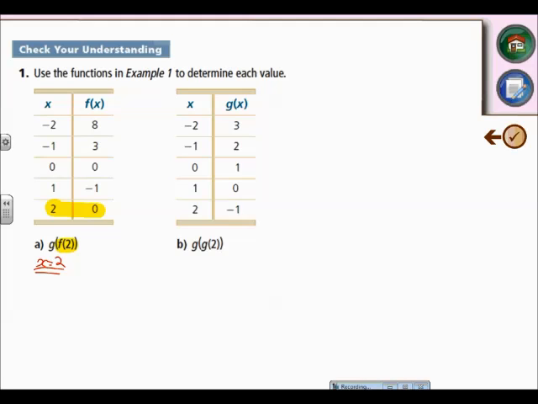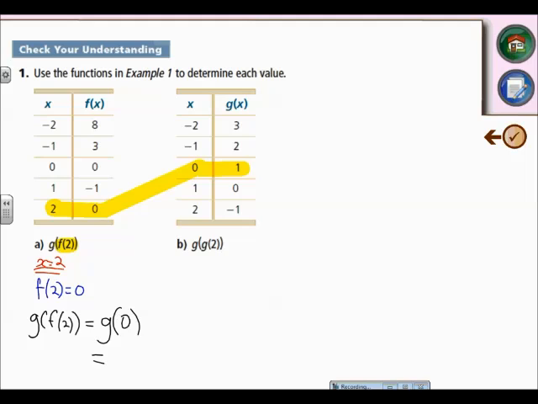Now we continue along with that. So we say f at 2 equals 0. And we continue along with that, and that becomes the new input, the 0. And go across to 1. So now we're saying g at f at 2 is equal to g of f at 2 was 0, so g of 0, which is equal to 1.